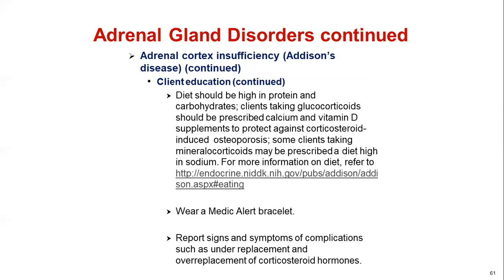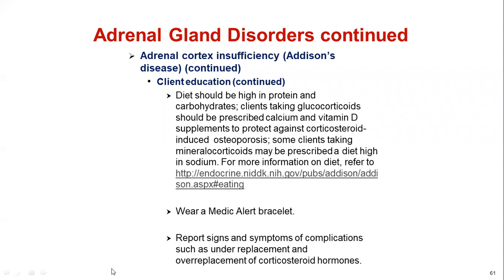The complication arising from Addison disease, the complication combined, we call Addisonian crisis. So we encourage the patient to wear the medical alert bracelet, and also if we see any sign or symptom of the Addisonian crisis, we have to notify the healthcare provider, right?